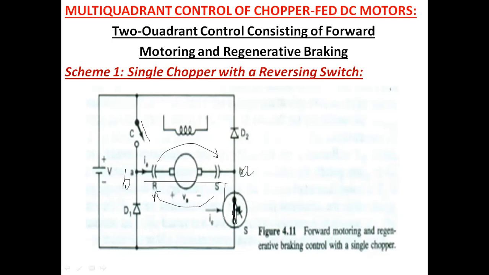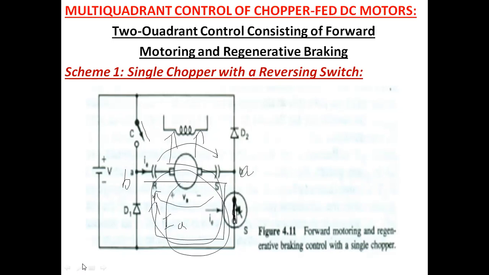From the motor, through switch S and diode D1, the armature current flows in this loop. While the armature current is flowing, the inductance gets charged, and the energy is stored in the inductance.